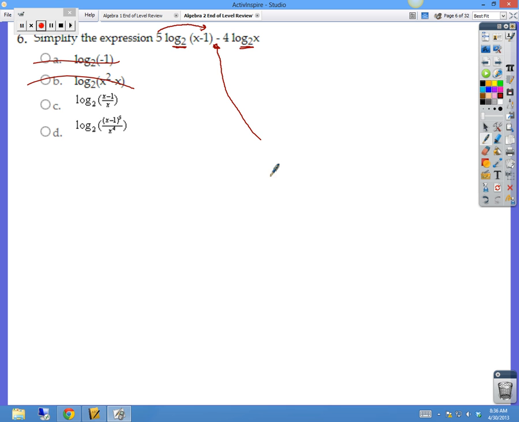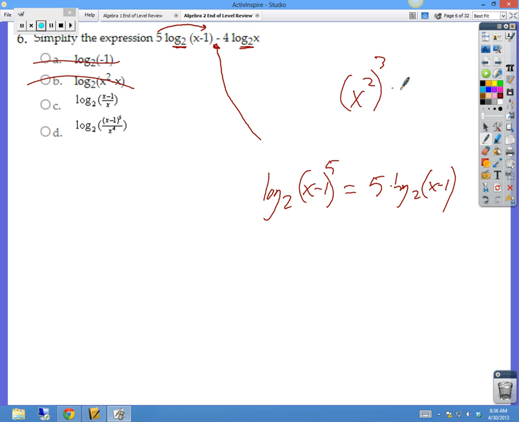as an exponent. So log base 2 of x minus 1 to the 5th is the exact same thing as 5 times the log base 2 of x minus 1. And this is the same as x squared cubed is the same as x to the 2 times 3. When you're taking a power of a power, you multiply the exponents.